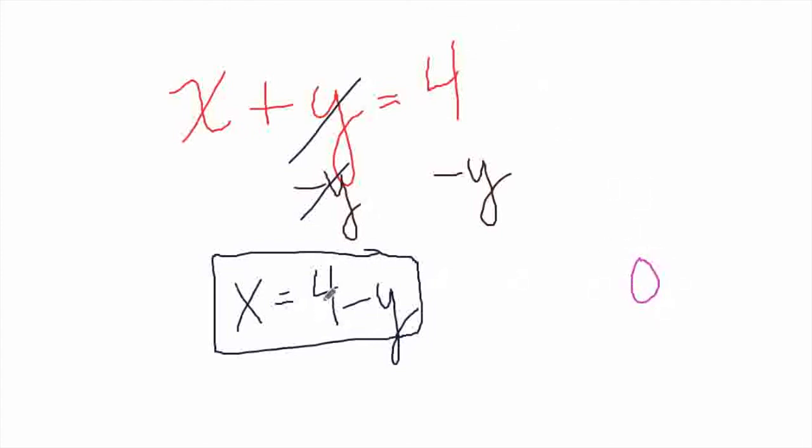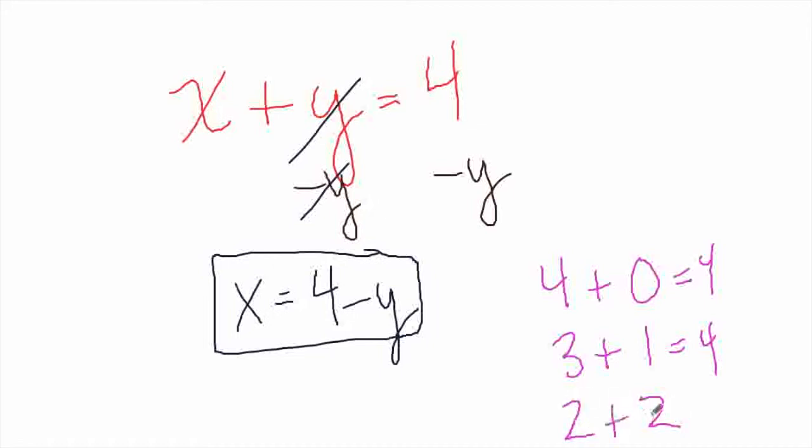Plug into the answer: 4 minus 0, so x is 4. Clearly 4 plus 0 is equal to 4. Let's say we picked 1 for y. Then 4 minus 1 would give 3. So you can see that no matter what you choose for y, the answer will always give you something where x and y add up to 4. That's what it's supposed to do.